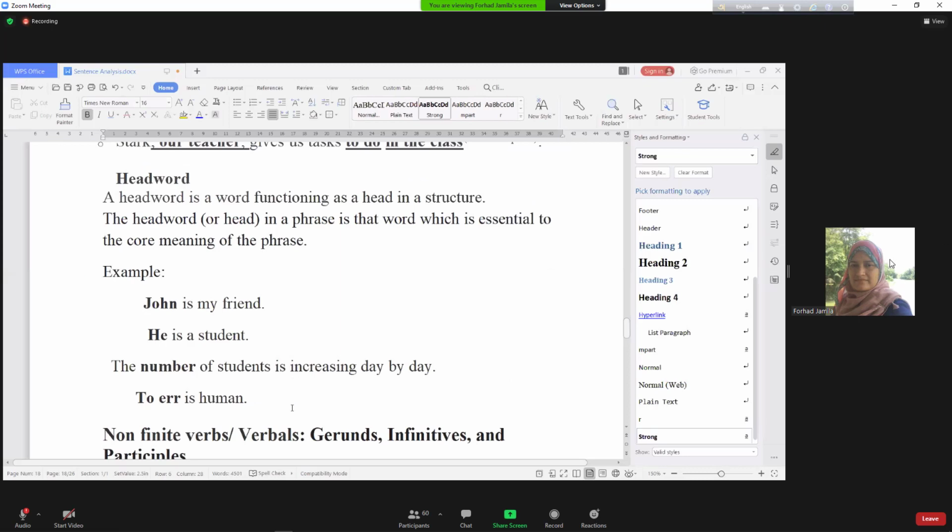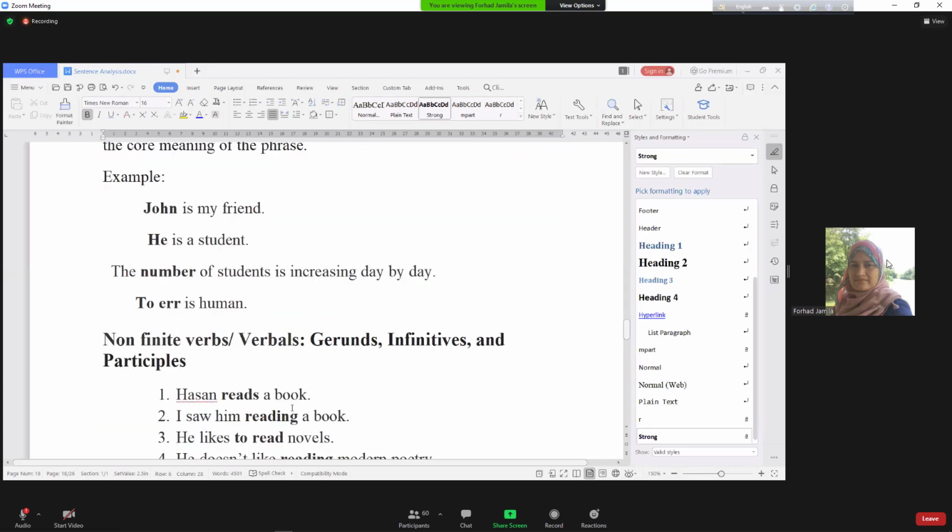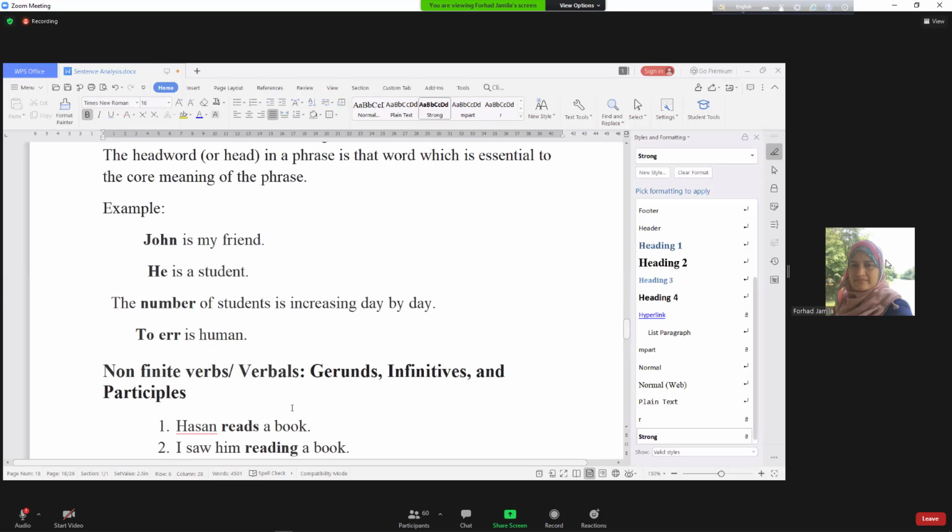These are some other essential elements, and now we will discuss the next important element, that is the finite verb. In a sentence there can be a determiner, there can be a modifier, there must be a head word. If I say "a good boy," determiner, modifier, head word. And after the head word we have the finite verb.